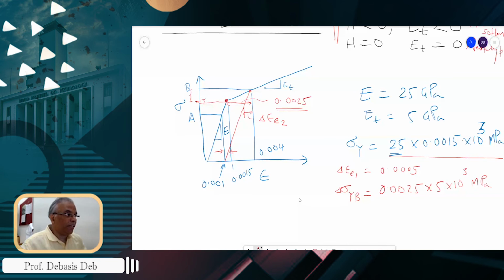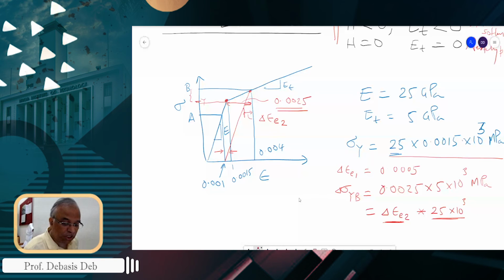Now if this is the stress increment, this is delta epsilon E2 multiplied by 25 into 10 GPa. Because this part I am trying to find out, and this is that strain increment into its modulus of elasticity.